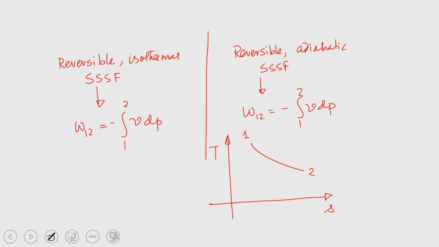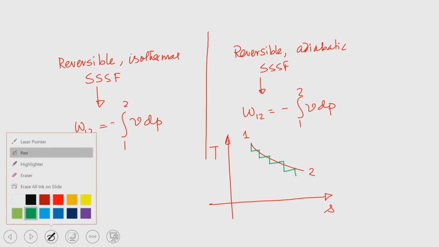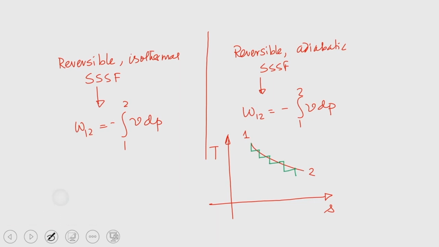The reversible steady state steady flow processes can be reduced to a series of reversible adiabatic processes.